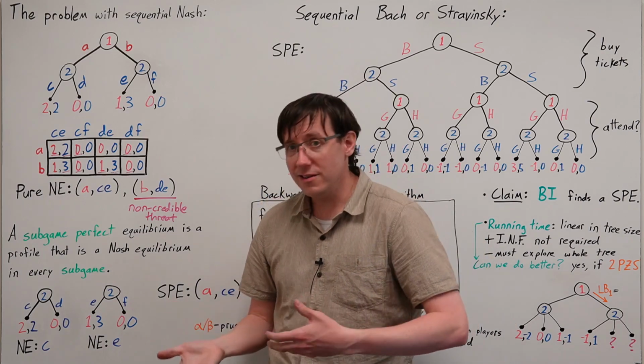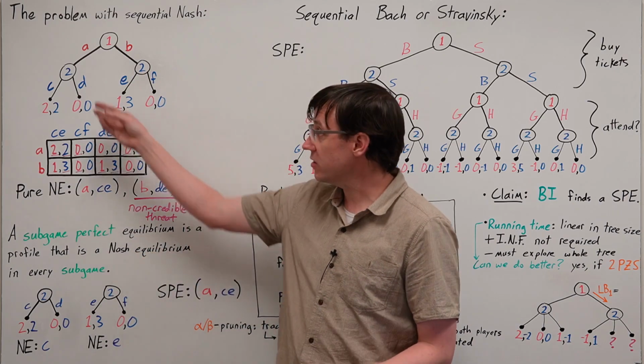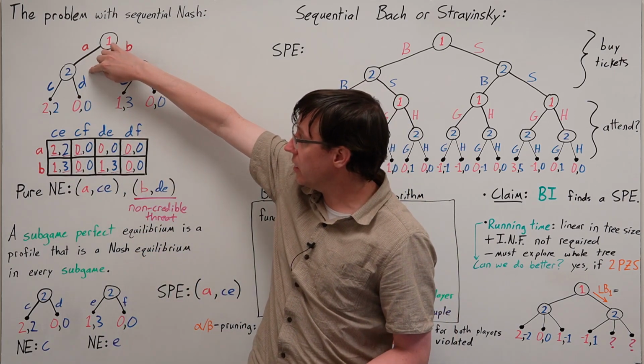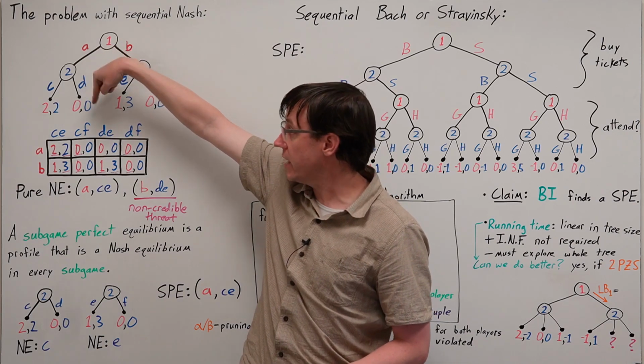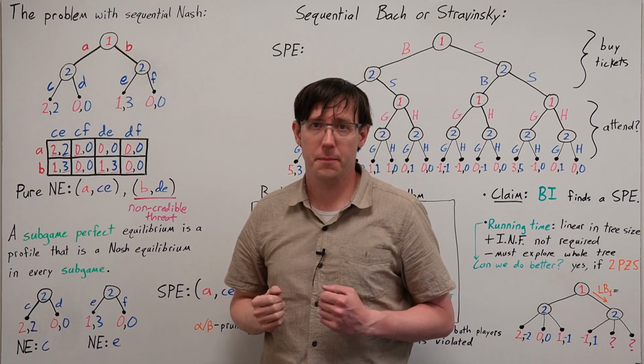And so, because subgame perfect equilibrium requires that everyone be best responding in every subgame, we eliminate the possibility of a player using a non-credible threat to avoid some subgame.